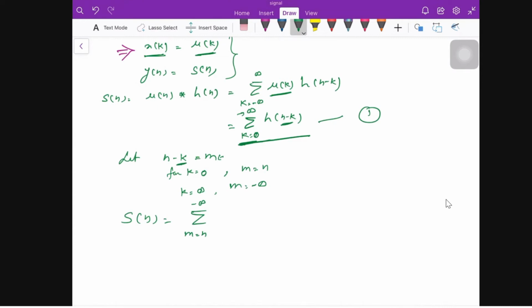We can write it down with the help of equation 1 and these values, or we can write the same equation by interchanging the limits. So you can also write it as the summation from m equal to minus infinity to n of hm.